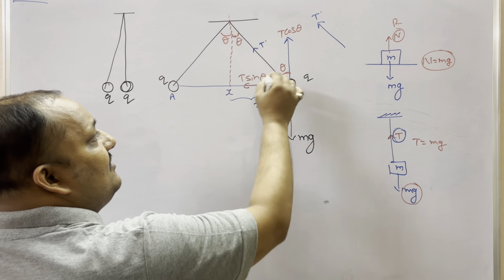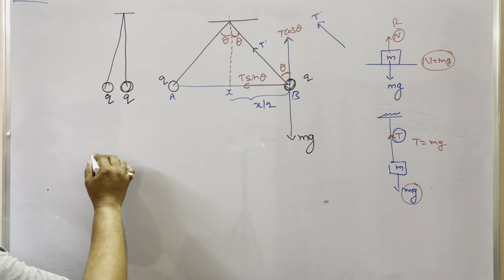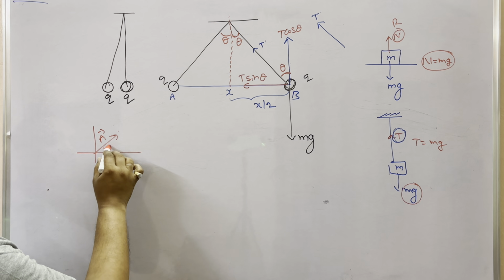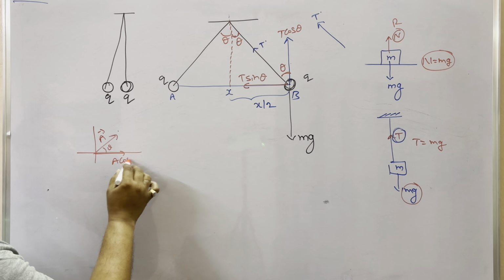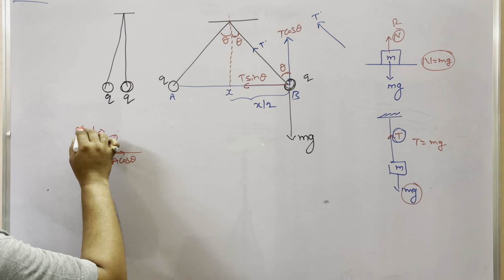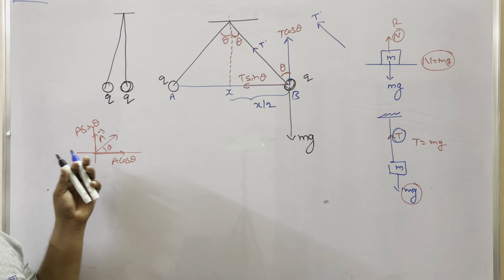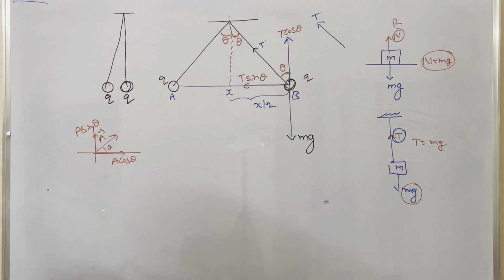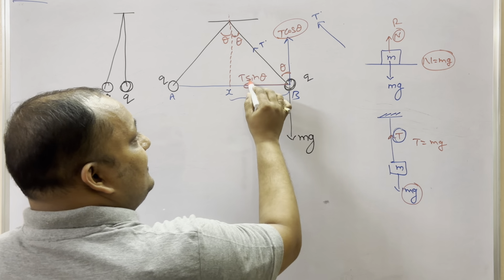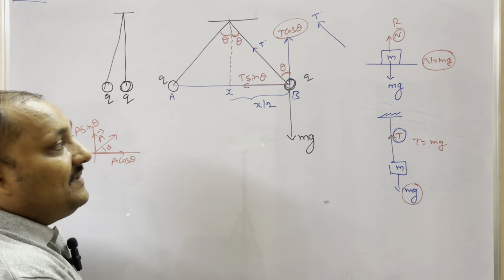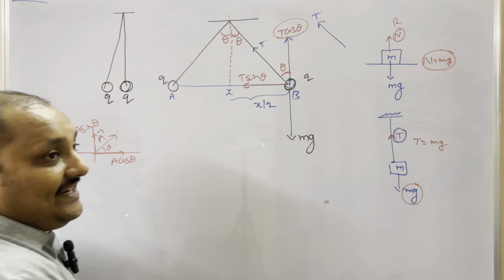Do you remember resolution of a vector we discussed in basics? If it is a vector A, making an angle theta, horizontal component A cos theta, vertical component A sin theta. In basics we discussed this resolution of a vector into two components. Now mg is balanced by T cos theta. Now who is going to balance this T sin theta?